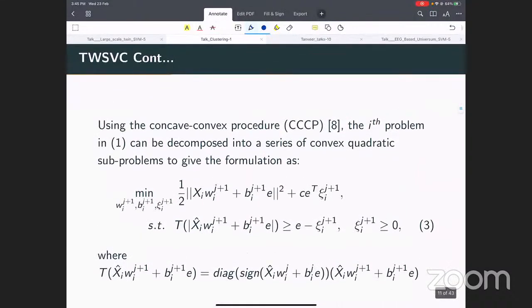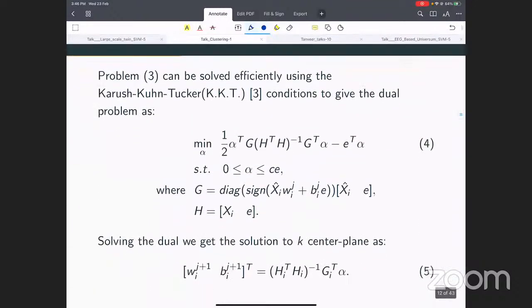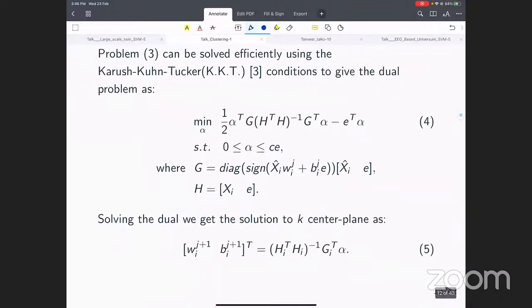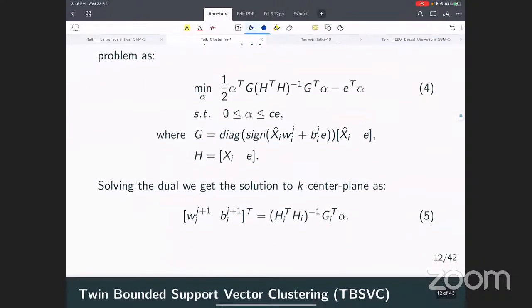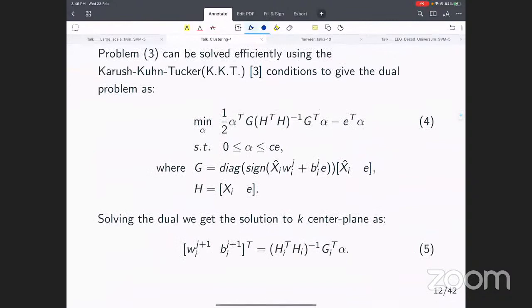And then we can solve. Several people have several ways to solve the problem. This twin SVM for clustering problem used CCCP, that is, the convex concave procedure, and I am not going into further details. We just solve it in the same manner as we did for twin SVM.